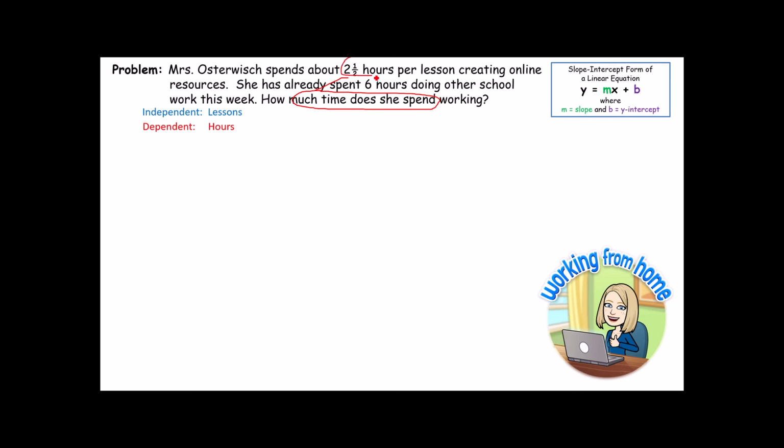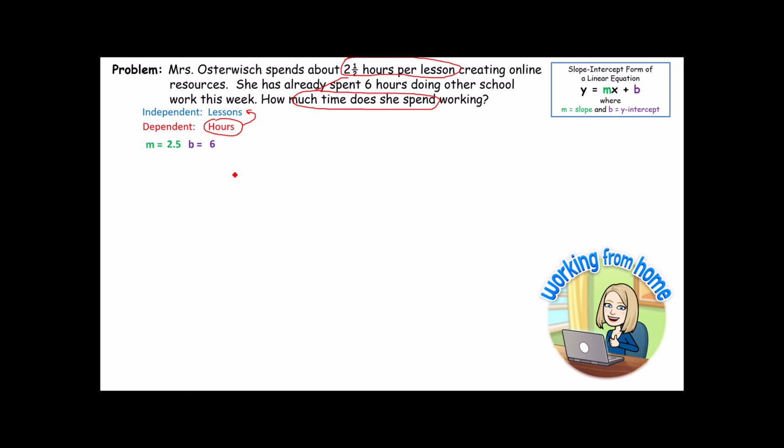If she spends 2.5 hours on every lesson, we're going to be counting the time based on how many lessons she has done. That's the opposite of what we would normally see. In this case, it's 2.5 hours per lesson, and she's already spent 6 hours on the problem.